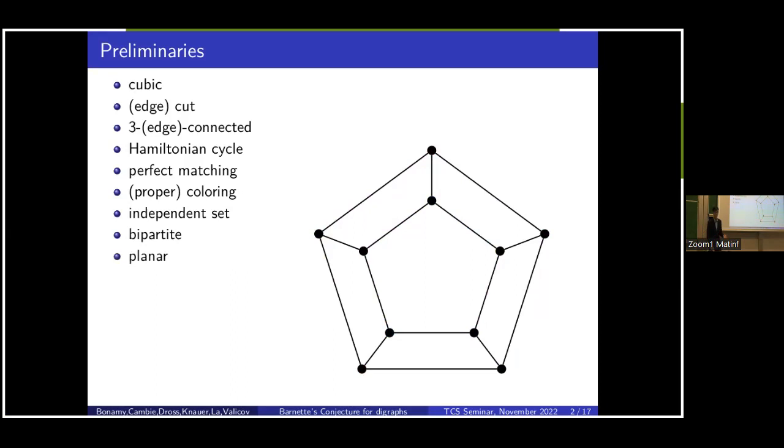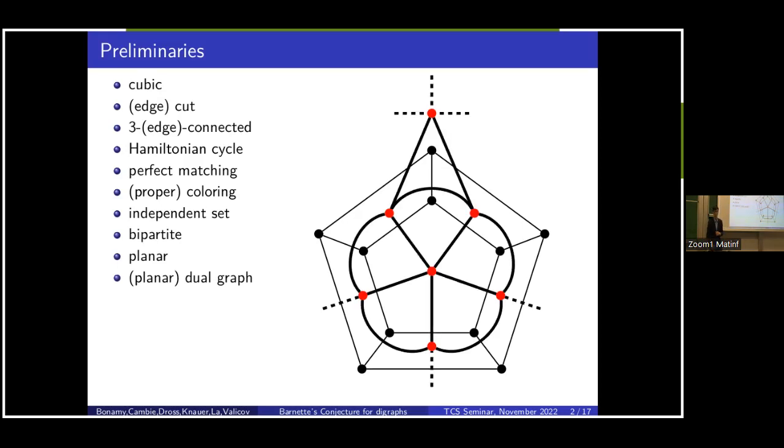Now, a graph is planar if you have a drawing of this graph without its edges crossing, which is the case for this one. And when you have a planar graph, then there's a notion of a dual graph, which is the graph where you put one vertex on each face, and then you connect the adjacent faces. And this is how you obtain the dual graph.